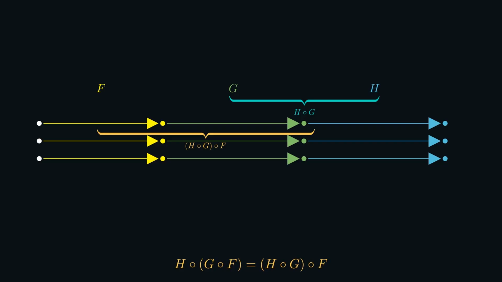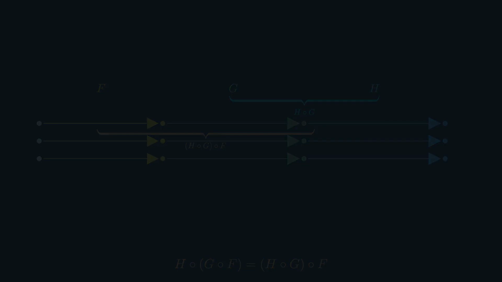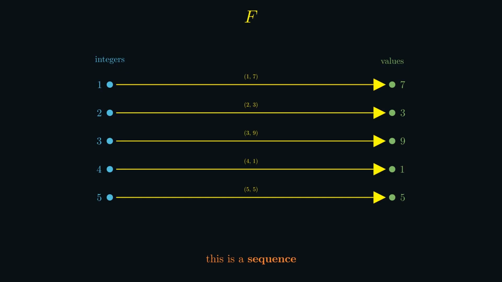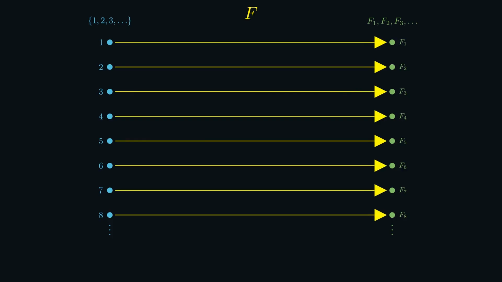Among the most important examples of functions are those defined on subsets of the integers. These are called sequences. A finite sequence of n terms is a function f, whose domain is the set containing 1, 2, up through n. Its range is written as f sub 1, f sub 2 through f sub n, and the values are called the terms of the sequence.